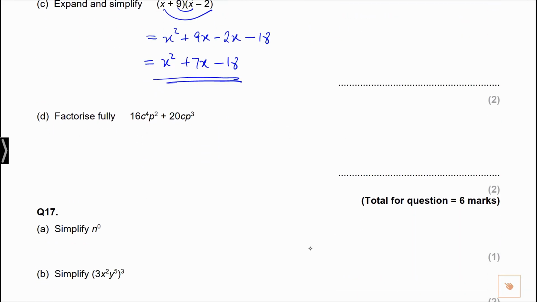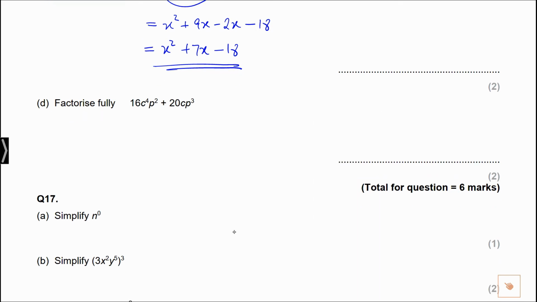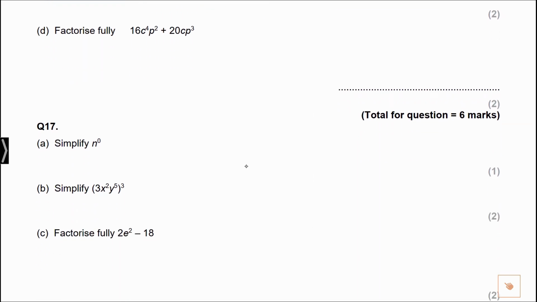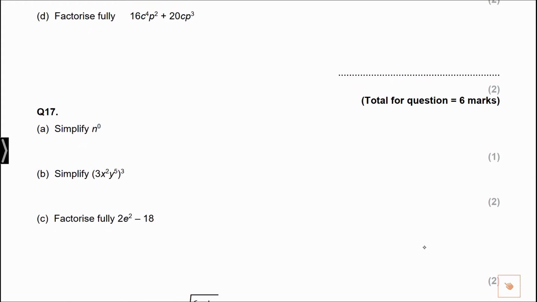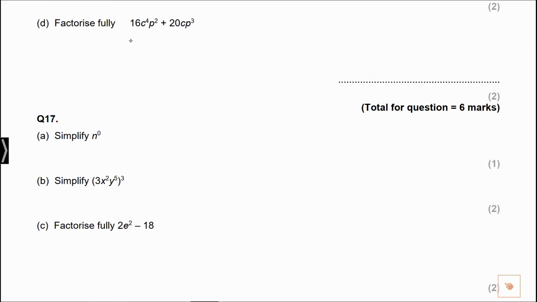Next question, we are required to factorize fully. Now, to factorize this expression, you need to find the highest common factor. So basically, the highest common factor of 16 and 20 is 4. The highest common factor of c to power 4 and c will just be c.